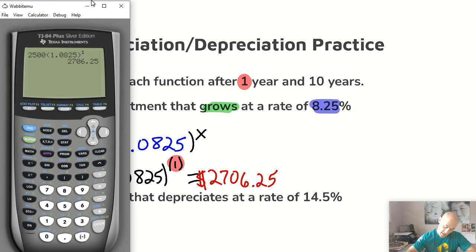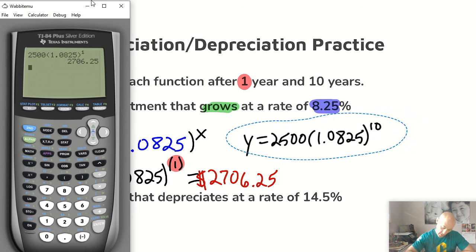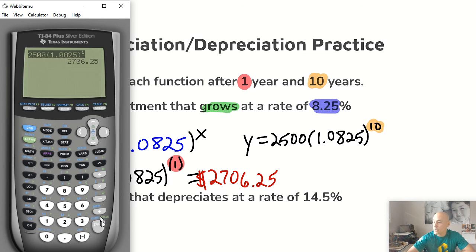And the great thing about these calculators is that I can easily change my power there to 10. And that will allow me to solve for this. So I just go up, hit enter, it'll copy it and paste it.